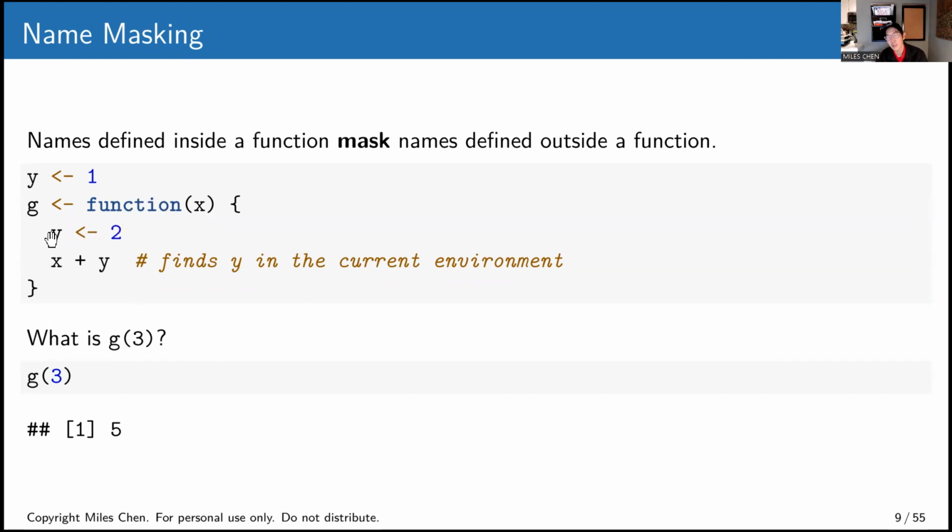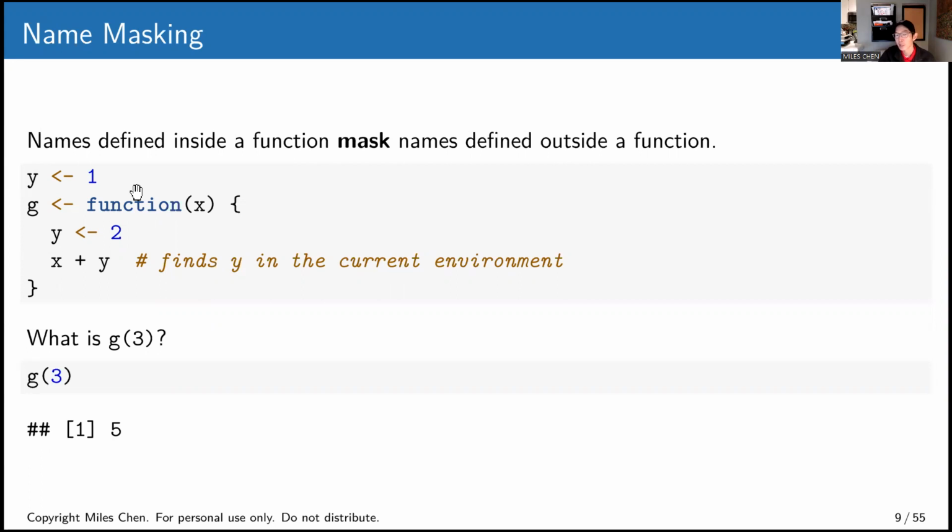So basically, any object that's defined inside the function will mask values that exist outside the function, right? And that's effectively probably the most important rule that you need to remember in R. And I would say if a function is behaving in a way that you are not expecting, it's probably because you've done something wrong with this kind of setup, where you are looking for a value and the value already exists inside the function, or it doesn't exist in the function, so it searches outside the function, and something is going on there.